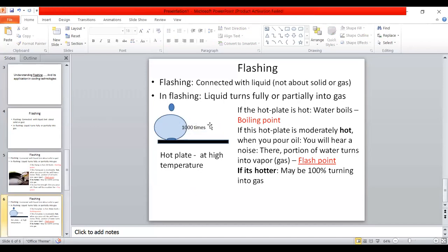That's how this flashing makes the volume quite bigger when it turns into gas. If a tiny droplet of liquid turns into vapor, gets flashed, the volume is almost 1,000 times.